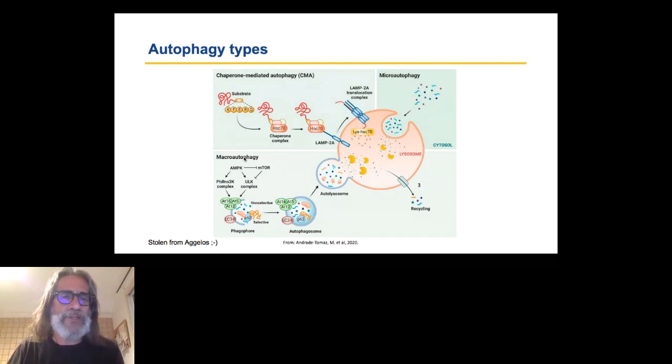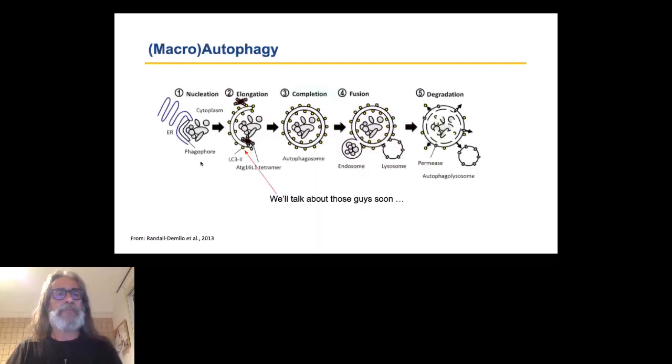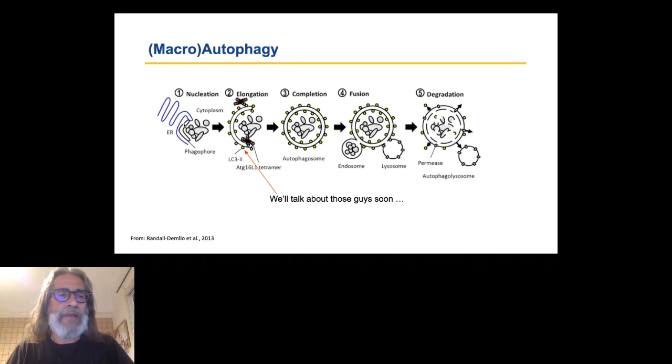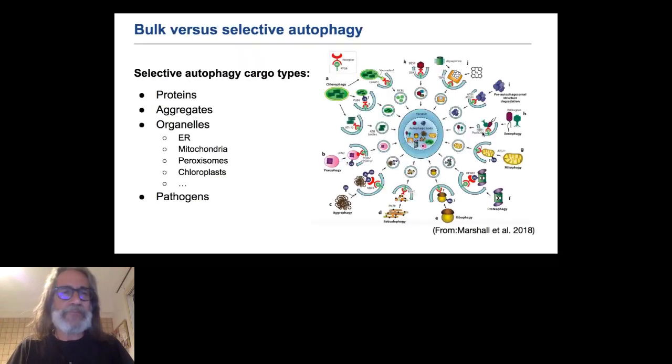What we will consider in this talk is macroautophagy, which starts with a nucleation phase, starting from protrusions of the ER membranes, which form a double-layered membrane called the phagophore, which elongates and then leads to completion, engulfing cytoplasmic material to be then fused with endosomes and later lysosomes, leading to the degradation of material and release of nutrients and metabolites to the cytosol.